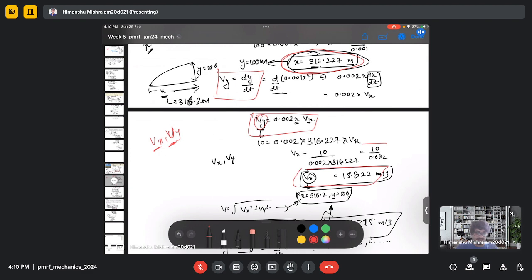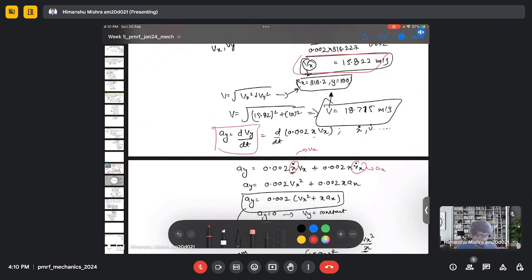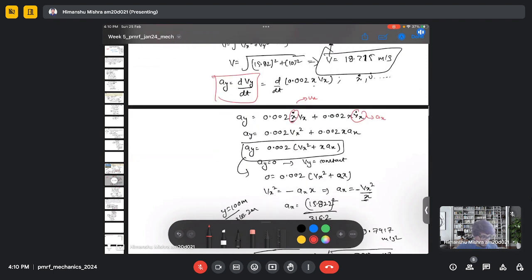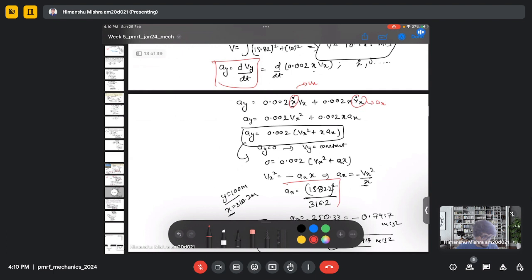Now for acceleration, again we use the general rate of change of velocity relation, and we calculate ax, the acceleration in the horizontal direction. Since vy is constant, the acceleration in the vertical direction should also be 0, because there is no variation in the velocity.